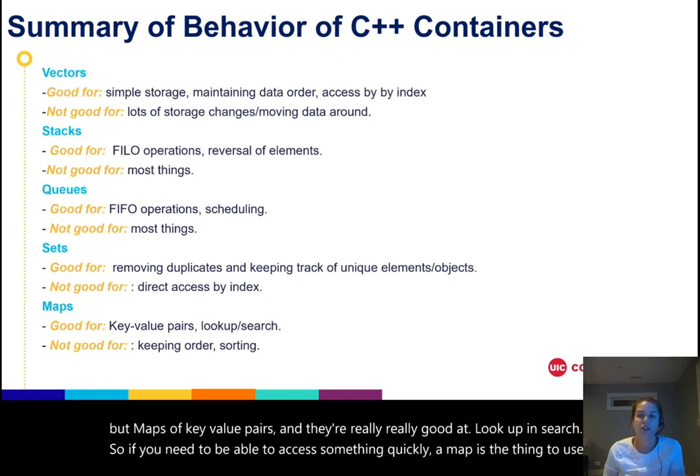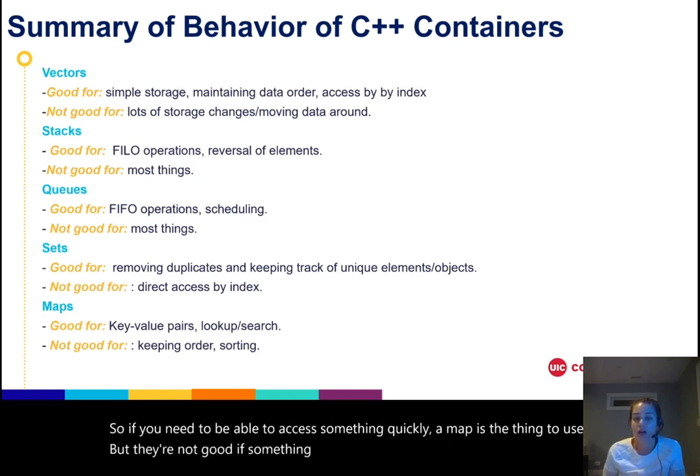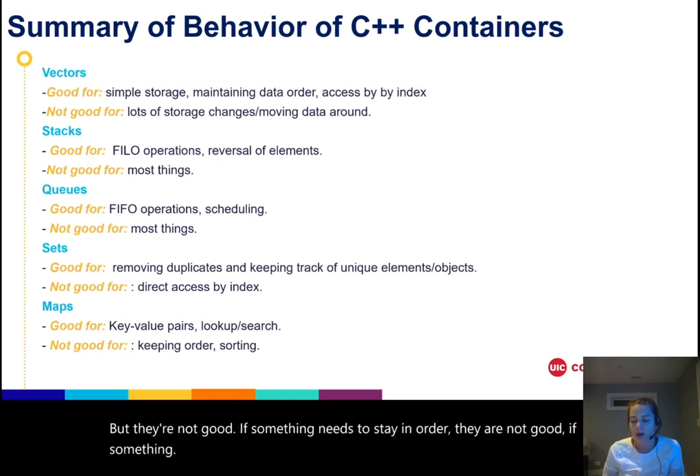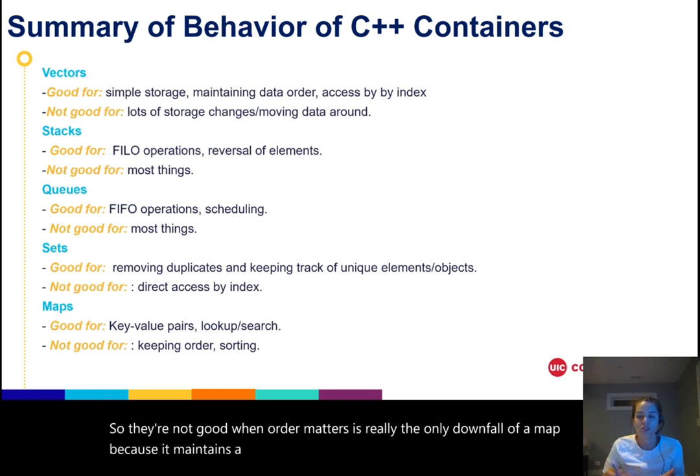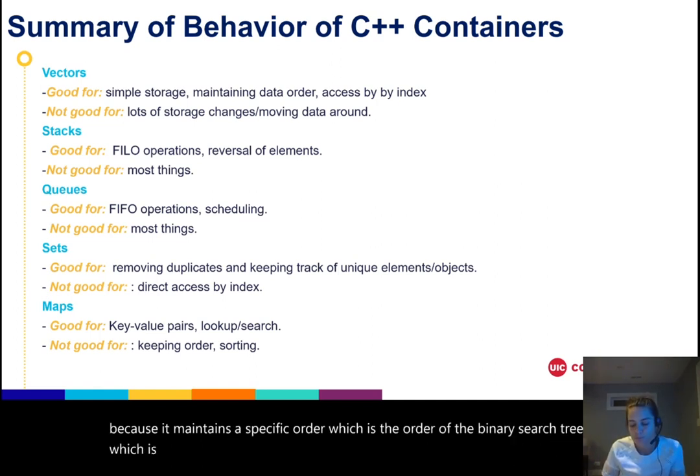But they're not good when order matters, which is really the only downfall of a map, because it maintains a specific order, which is the order of the binary search tree, which is typically a sorted order.